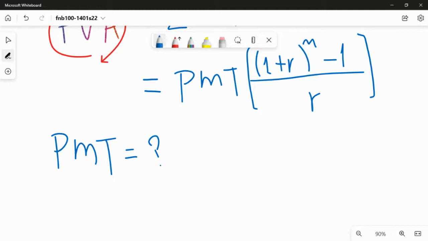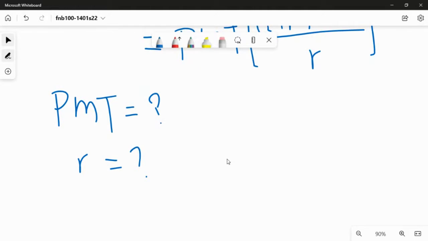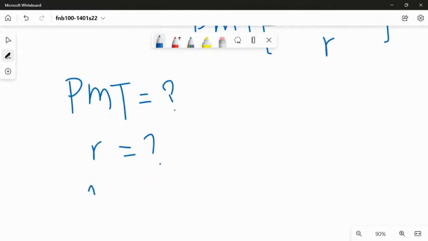In other words, when payment is the unknown, the other variables are known. What about R, and what about N? So the same formula can be solved for four different unknown variables. Now let's think about solving it for payment, right?